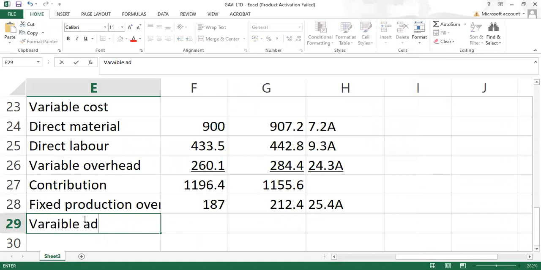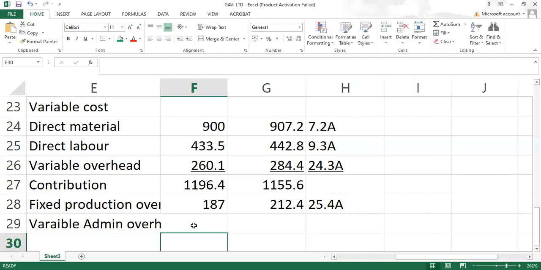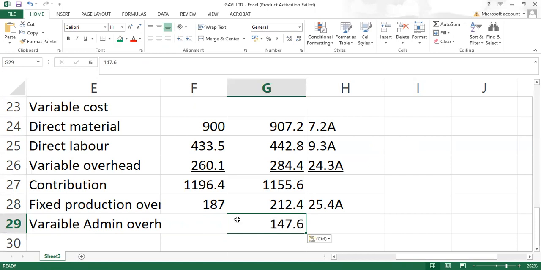Is it labor hours or production level? Labor. Okay, you can decide to use labor or production. You can use any of them because we don't know which one will be there. So let's use labor hours.